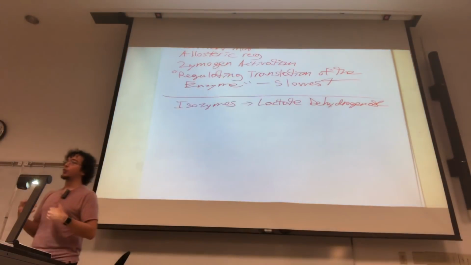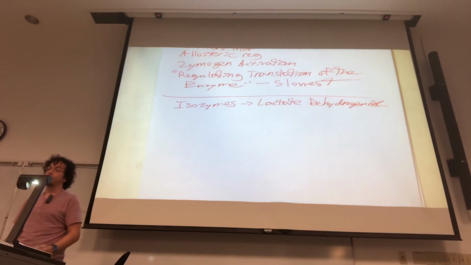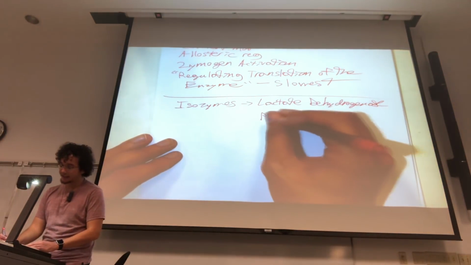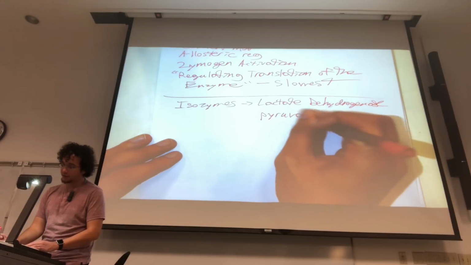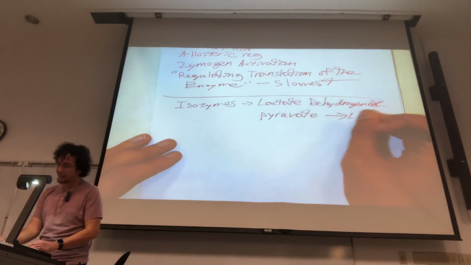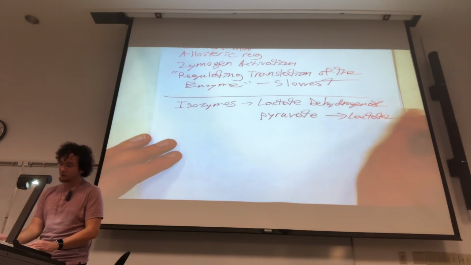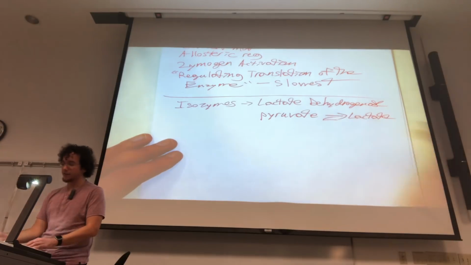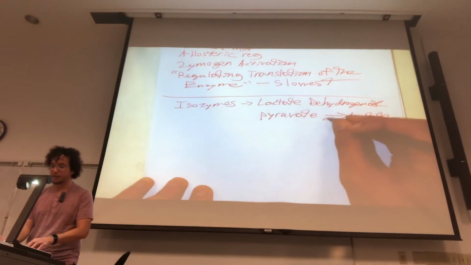Which, depending on what version of it you have, on what isozyme that you have of lactate dehydrogenase, it may catalyze the reaction of converting pyruvate into lactate, or instead, it might convert lactate back into pyruvate.